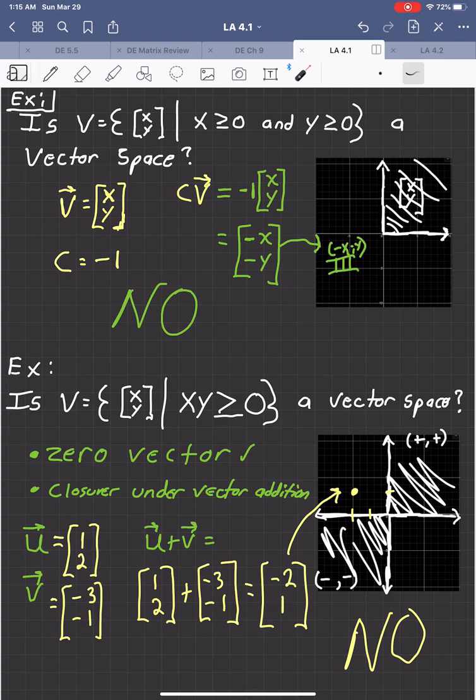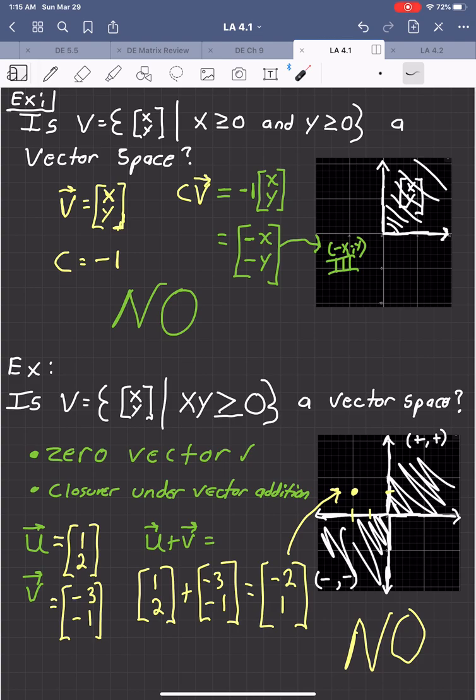So normally what you have to do is use generic points, like x sub 1, y sub 1, x sub 2, y sub 2, and then kind of massage your way to see if you can make a statement about u plus v.